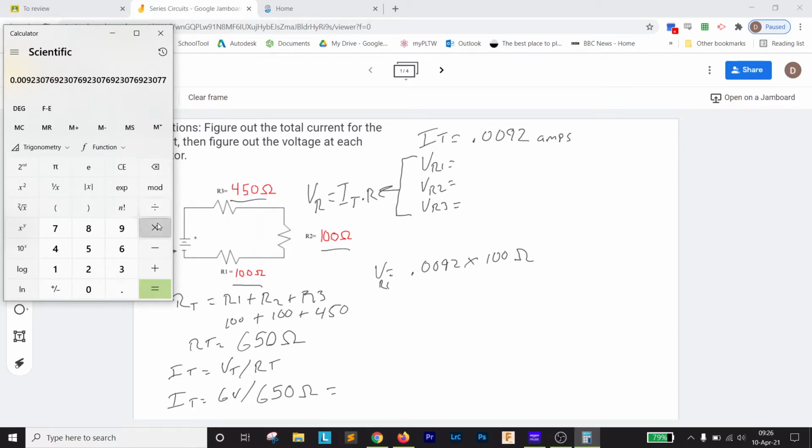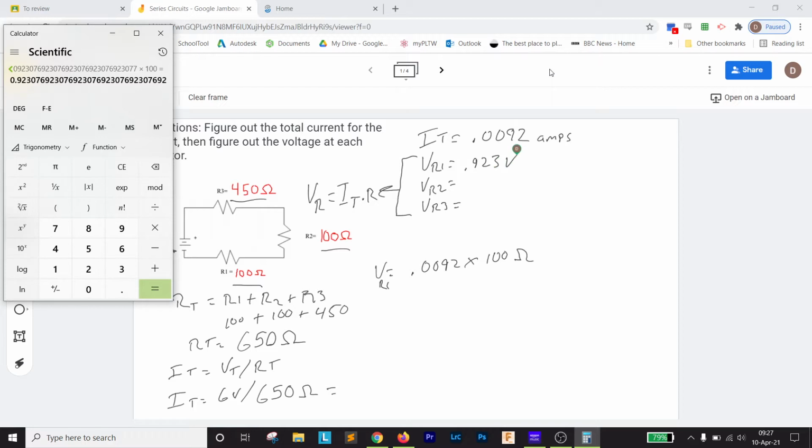So if I put that in the calculator, I multiply this by 100, I am going to get 0.923, it's in the ballpark. Say 0.923, that's fine.